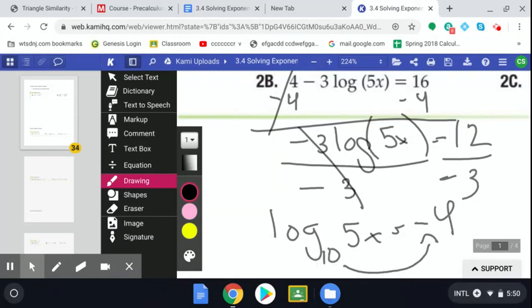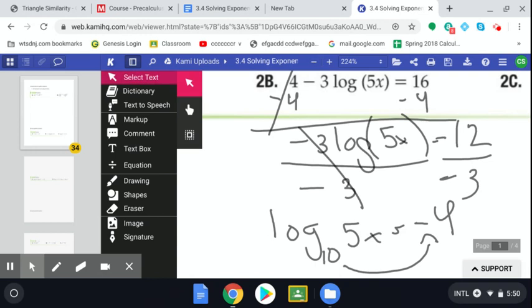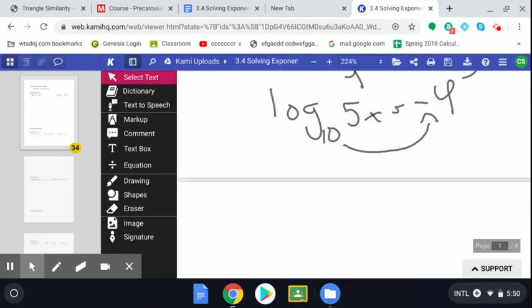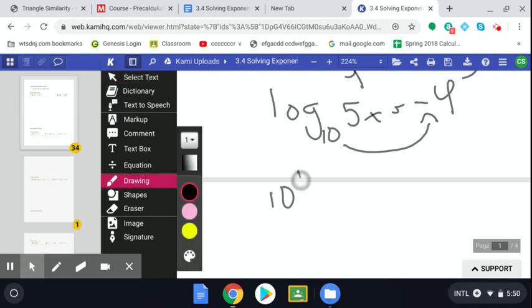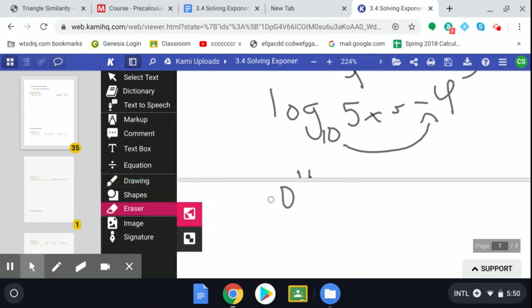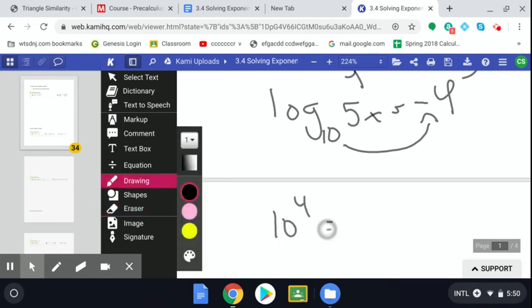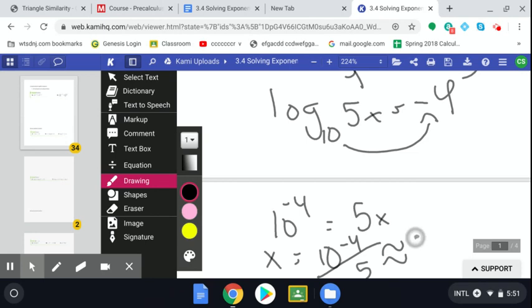So 10 to the negative 4 power is equal to 5x, which means x should be equal to 10 to the negative 4 power divided by 5, which is about 0.00002. So your answer would be 0.00002.